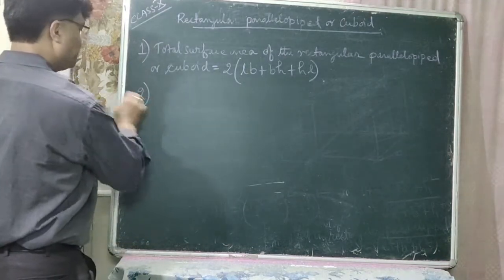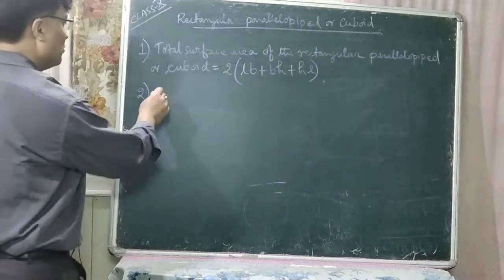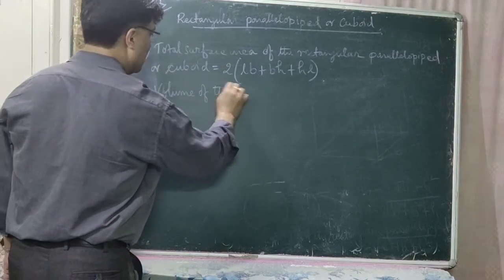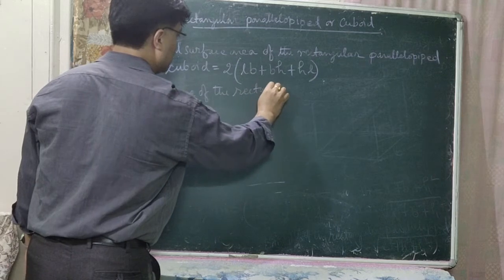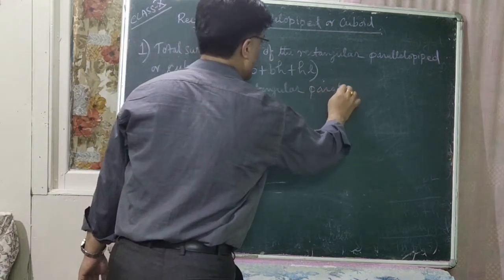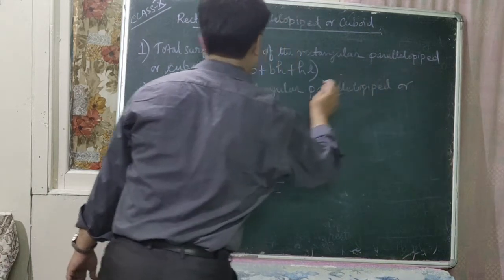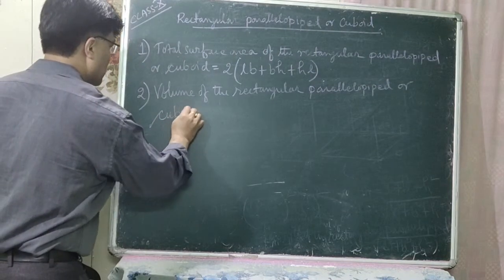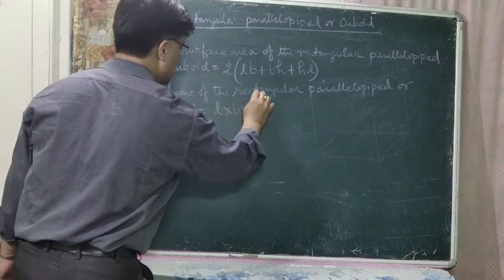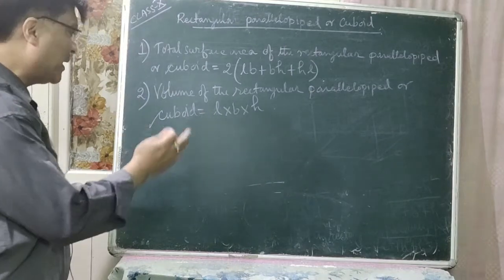And number two, you can write down the volume of the rectangular parallelepiped or cuboid is equal to L into B into H. That is length into breadth into height.